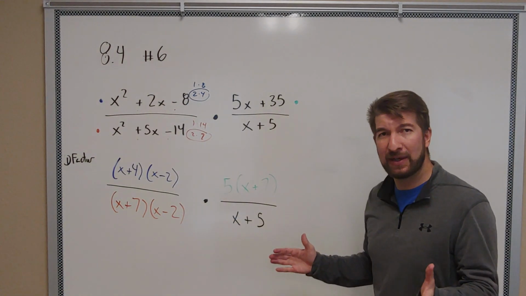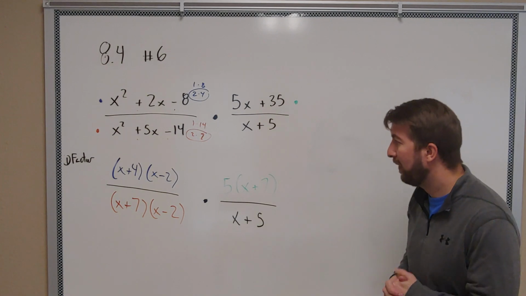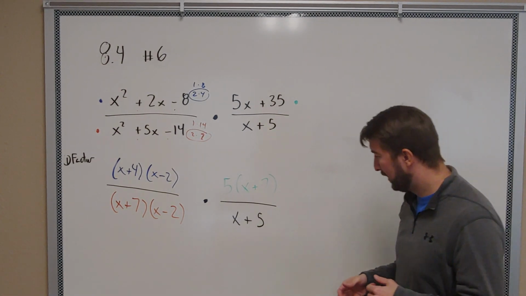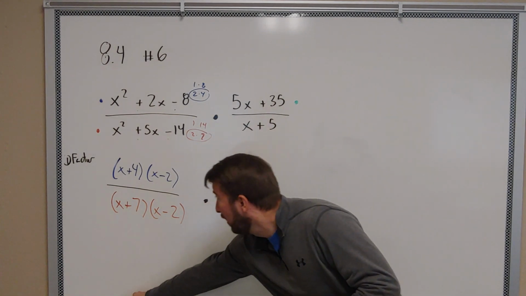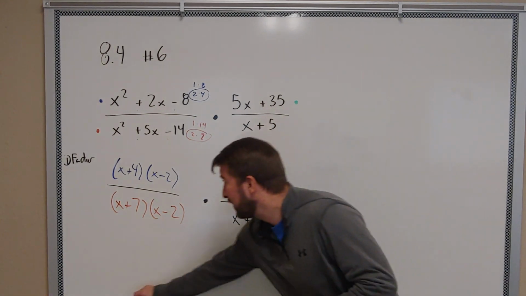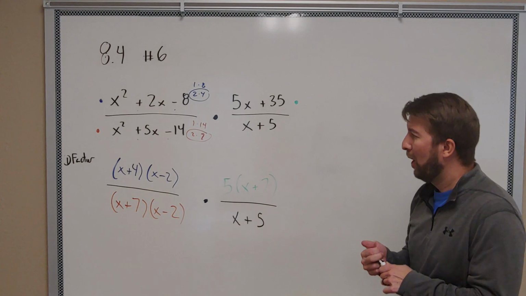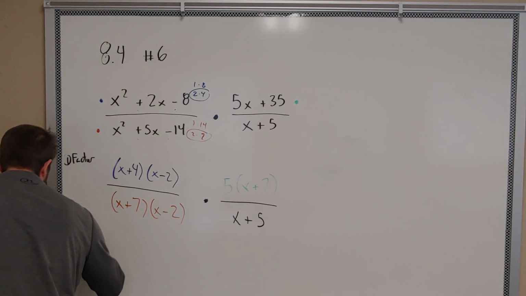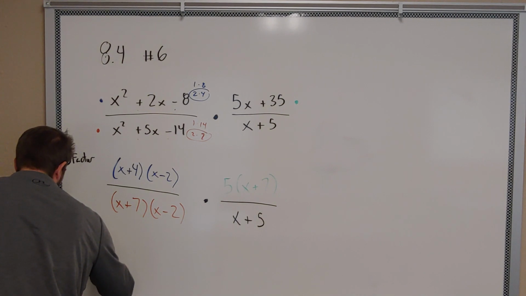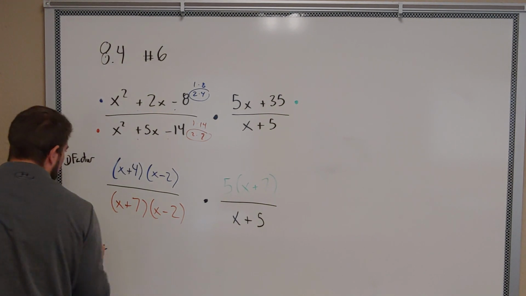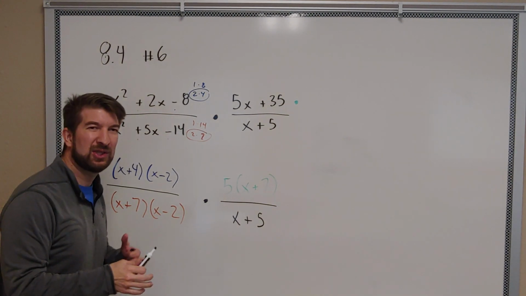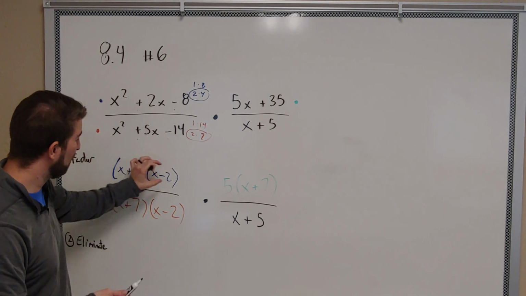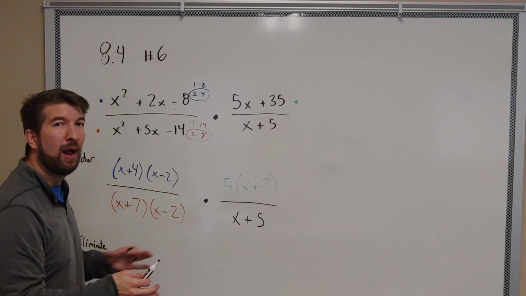Once you have everything factored, then the next step is to eliminate. Let's see, I'll just pick black. All right, we're going to eliminate, and this is also sort of like dividing from top to bottom. So if there's a match on the top to the bottom, that will eliminate.